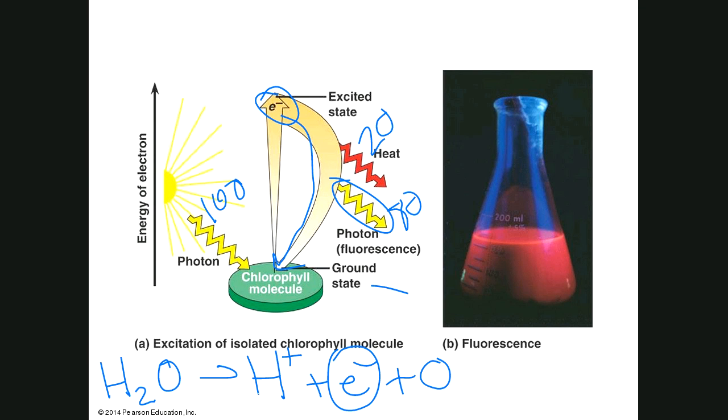The reason why it's looking red has a lot to do with what it was illuminated with before, which in this case was the ultraviolet light. The point of all this, though, is showing you that chlorophyll molecules do have that ability to absorb energy and then later on release it. So that's going to become important, because those molecules being able to give us those energy-rich electrons is going to allow us to do some work, right?